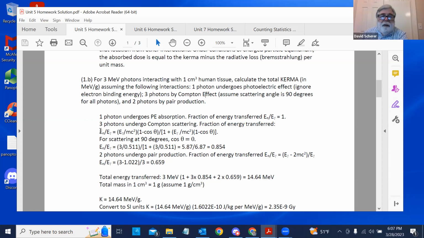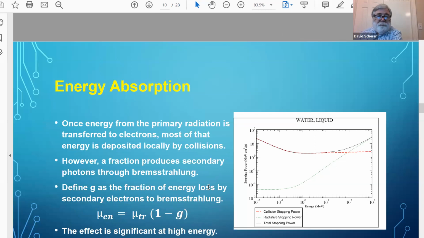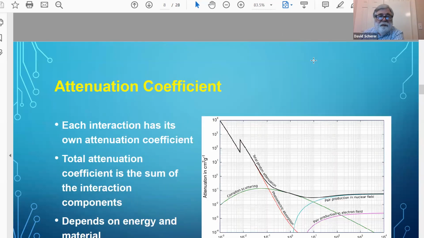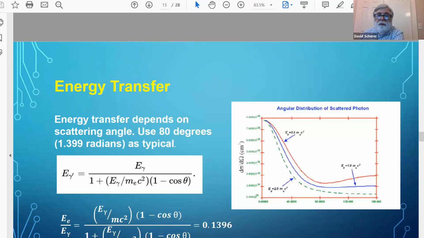So I buzzed through this pretty quickly, but the one that's most complicated is the Compton scattering one. Does everybody remember? Well, I'm actually recording for people who aren't here, so I shouldn't ask. In Compton scattering, we had, let's see if I can find the formula. Yeah, it's not there.